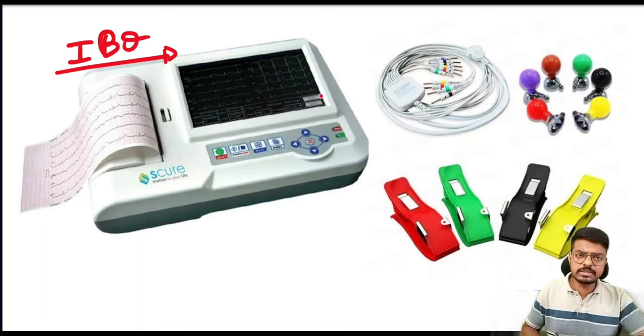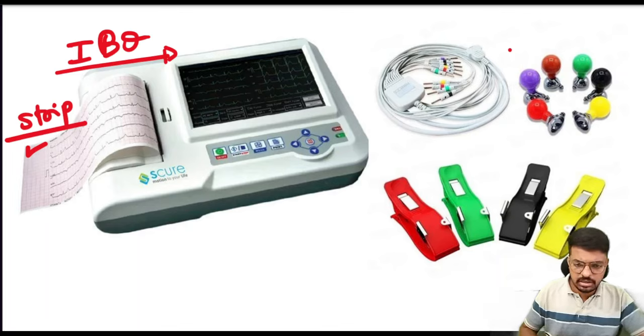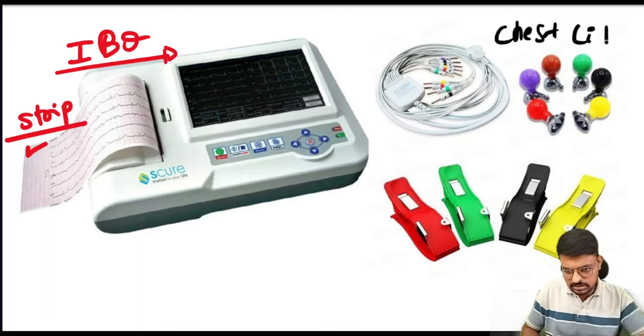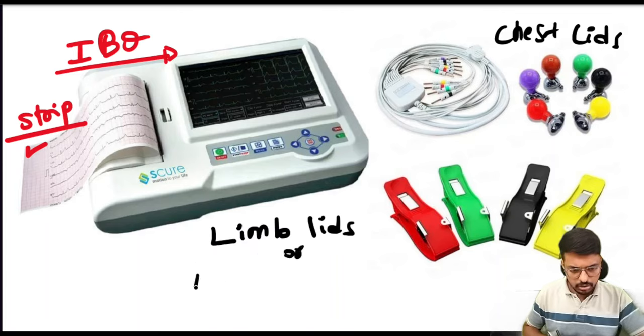So this is the ECG machine, and this paper which is coming out here is the ECG strip. These are all the chest leads, and these four are the limb leads, or we can say augmented leads.